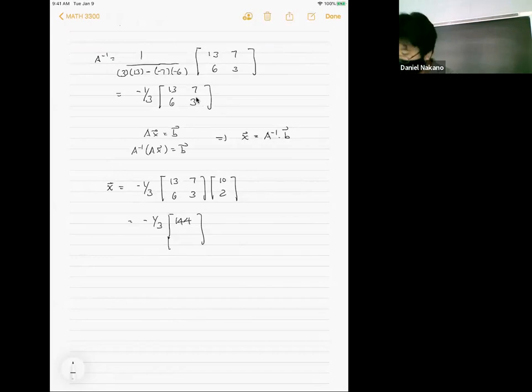We're just matrix multiplying this thing with this thing over here, taking the dot product. And then we take the dot product of 6/3 with 10/2. That's going to be 60 plus 6, which is 66. Okay, any questions on this?